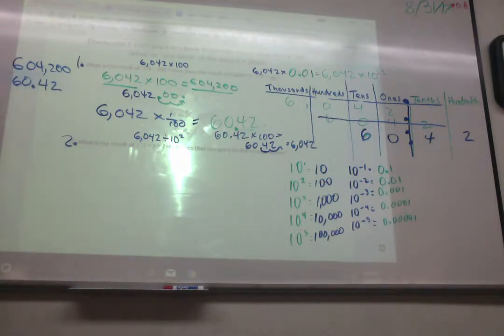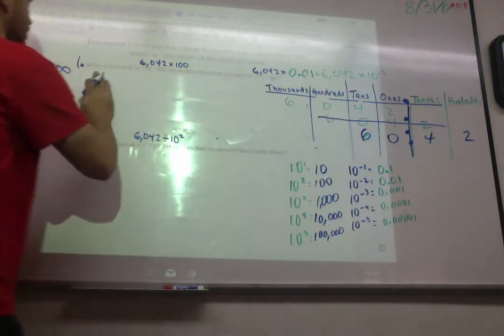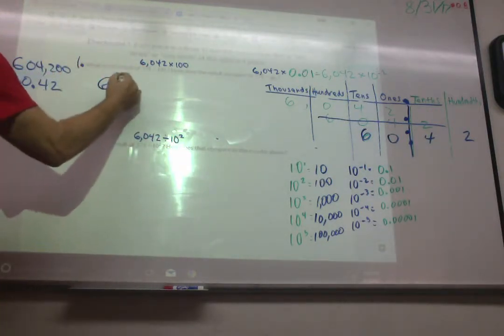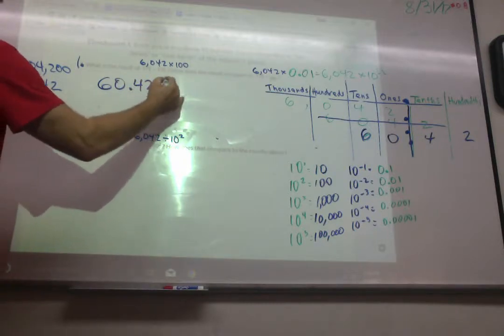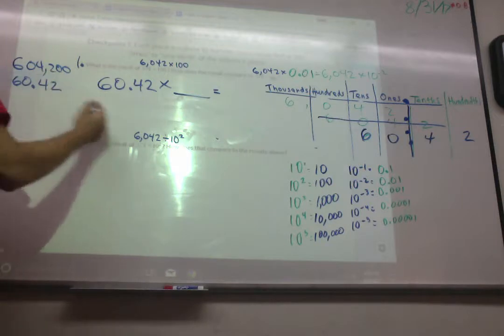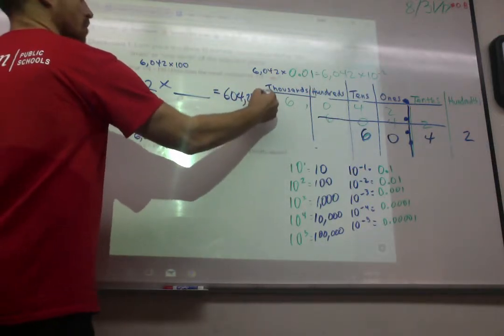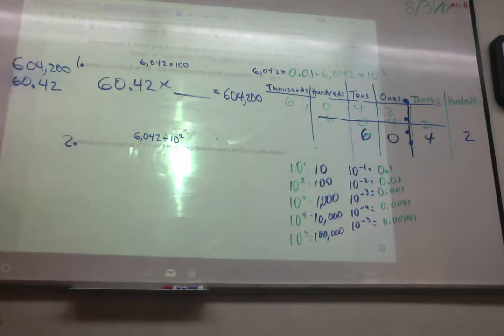Let me write it one more way that might help. 60 and 42 hundredths, if I multiplied it by a number, what would get me to this first answer?